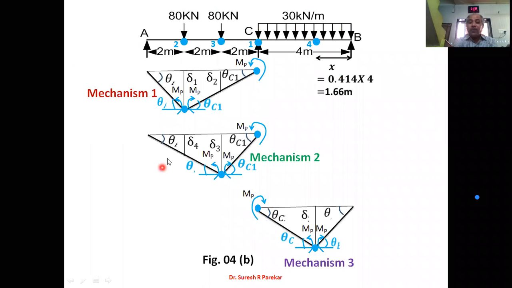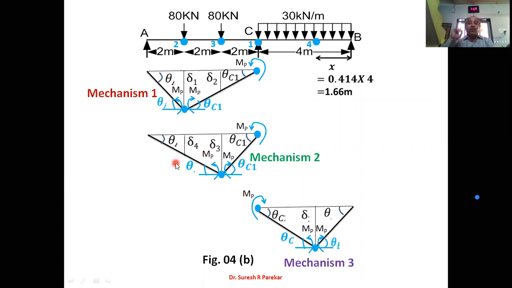So we have to go for mechanism 1, where I have the first 80 kilonewton load, and then the second 80 kilonewton load and C. You cannot go for a mechanism where you get only under 280 kilonewton.